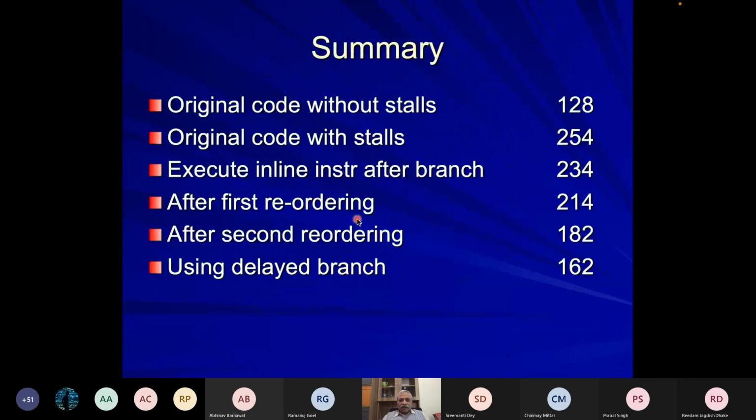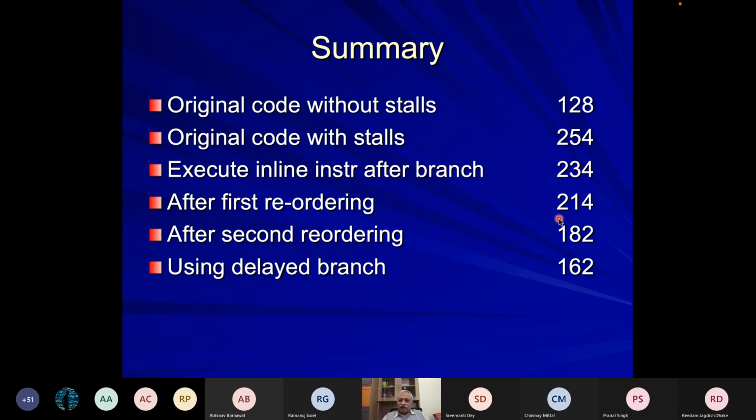Okay, so in summary, this is what we have gone through. Original code without stalls, so many cycles. Original code with stalls, so many cycles. When we execute the inline instruction after the branch, that means we didn't flush it, and we have some reduction in cycles.